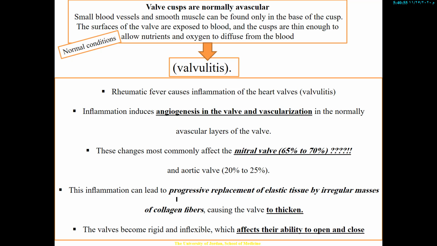This area here, the anterior cusp of the mitral valve, is very sensitive, and it can be affected. So that's why the mitral valve is more involved than other valves in terms of valvulitis.